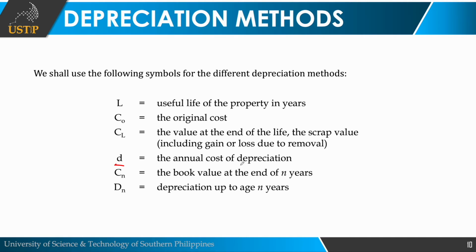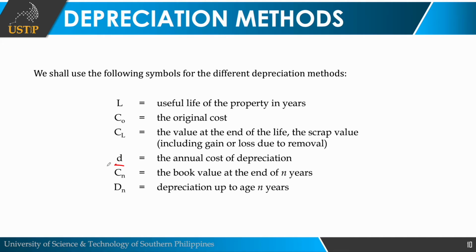So of course if your value decreases, there is a certain value subtracted from the original cost or from the cost of your previous year. So that is now your annual cost of depreciation. Usually it can be a constant value, or it can depend on your method. Okay, we will discuss that later.